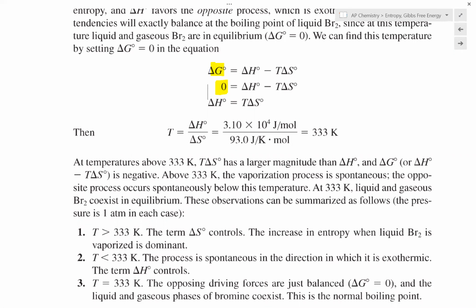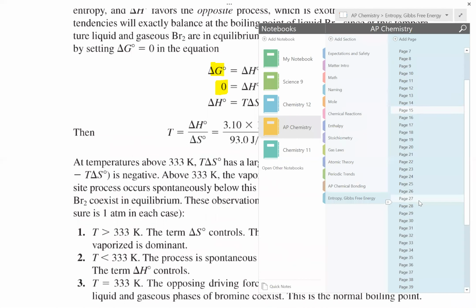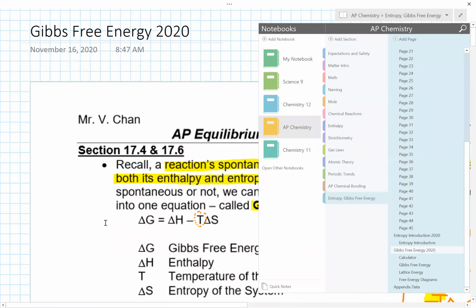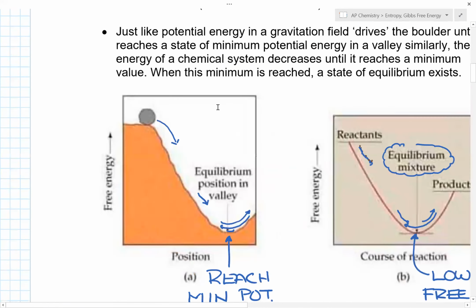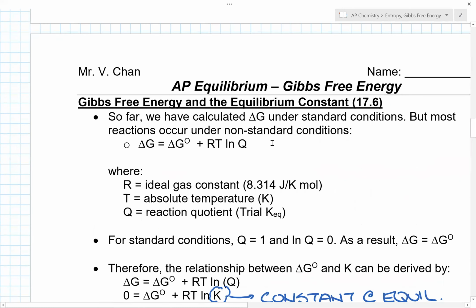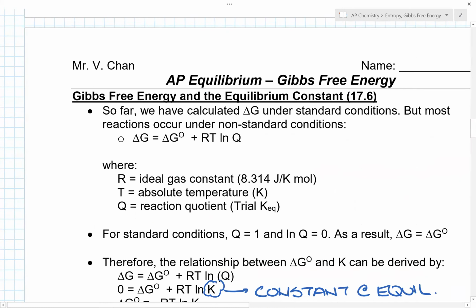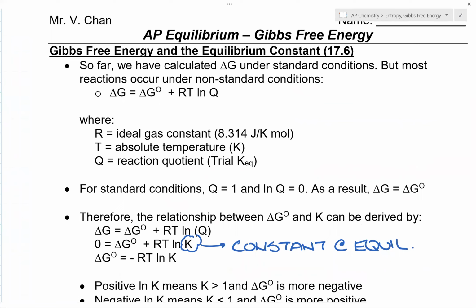All right, one final thing I want to talk about, and then that will be it. So far we have calculated delta G under standard conditions, but most reactions occur under non-standard conditions.